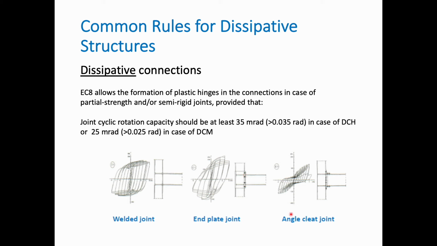And when we have angle cleat joints, we have an even smaller capacity with a different profile, which is very much relevant to the yielding of the angle plates. But as you can see here, there is not much degradation. In fact, there is an increase of the strain happening in the connections, so the more they cycle, the higher the capacity they reach.